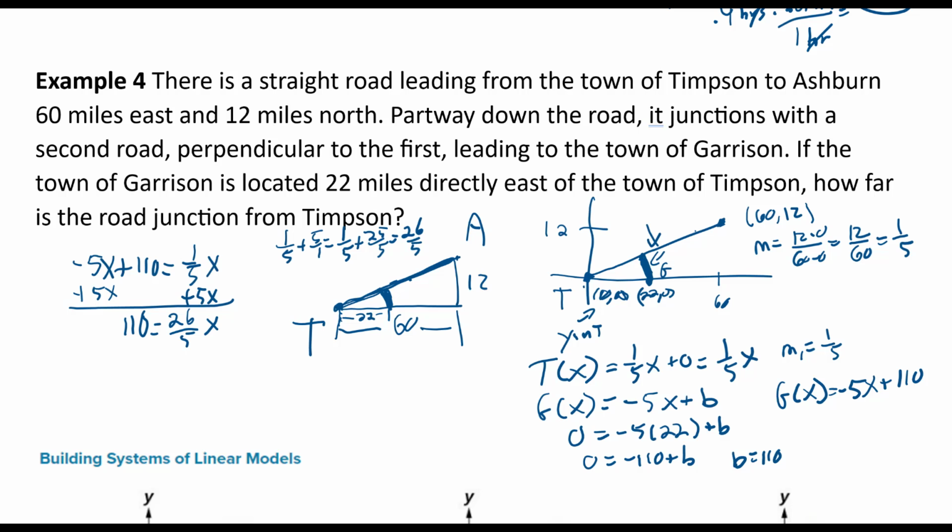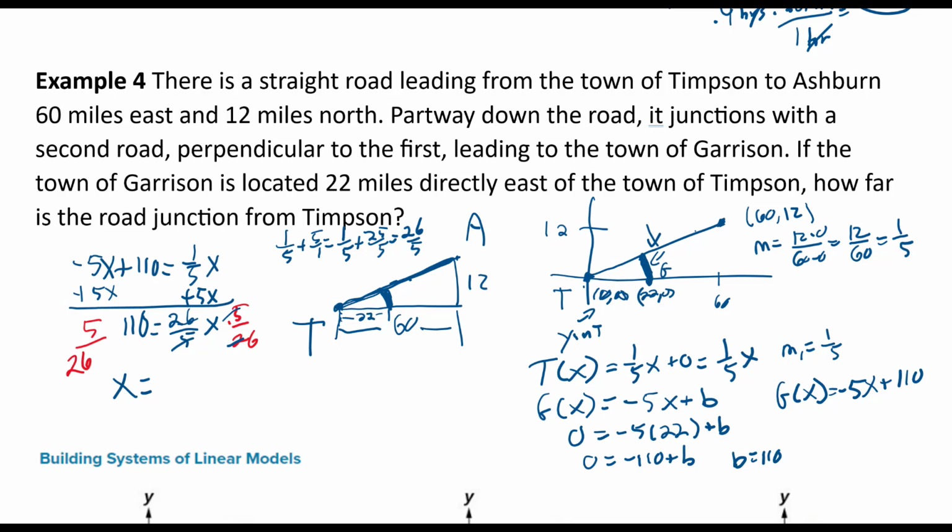And so if I multiply both sides by that reciprocal, 5 over 26 times 5 over 26, that cancels. X would be equal to 110 divided by 26 times 5.